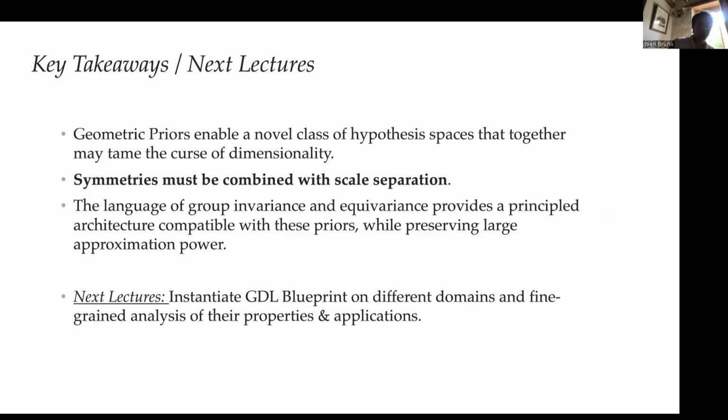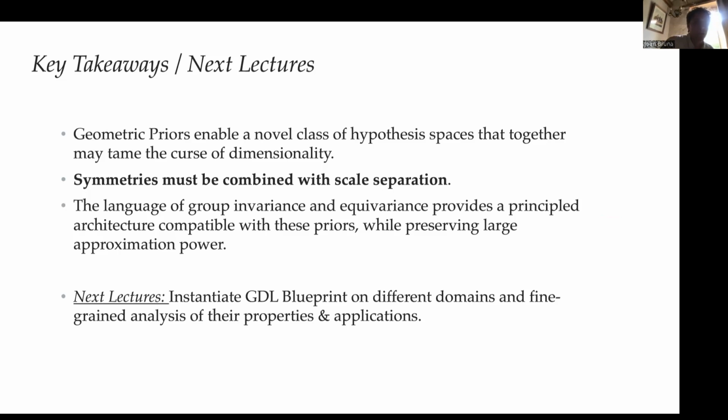All right. So just to summarize what we discussed today, and then we can spend some minutes for questions. What we have discussed is two geometric priors: the invariance with respect to some group of transformations, and then the scale separation, okay? And these two priors have to be combined, right? If we don't combine them, a priori, there's no hope that we can learn in high dimensions, okay?